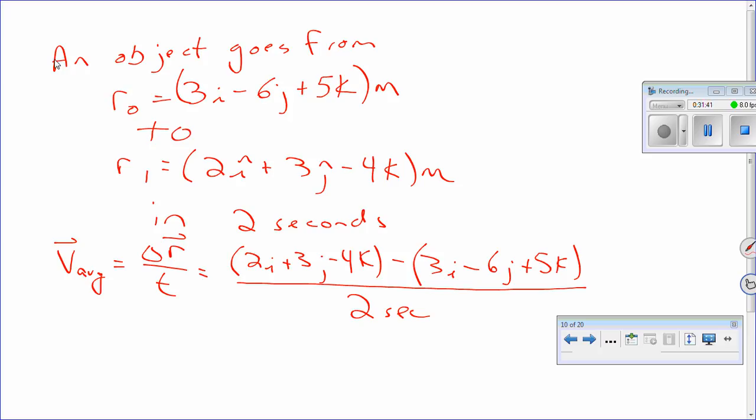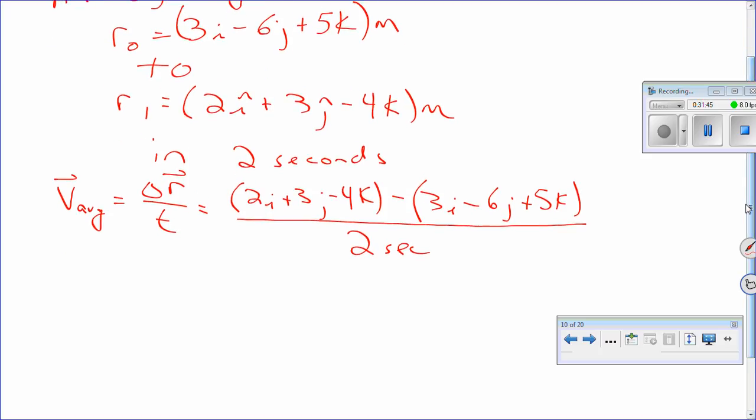Good. Because you don't make a straight line, you don't use displacement. Well, I mean, you are.